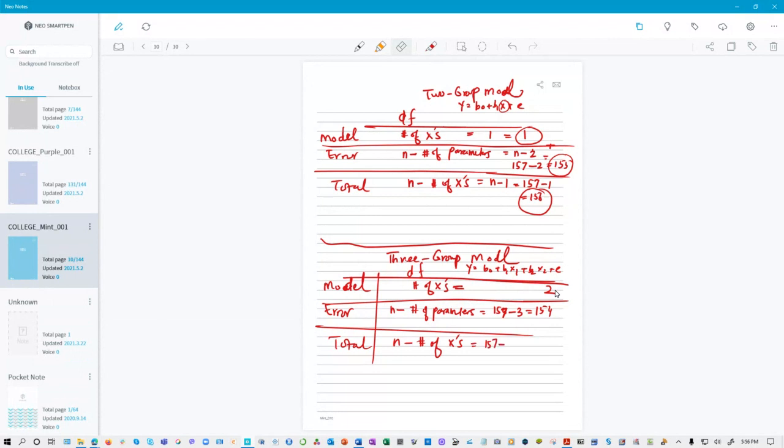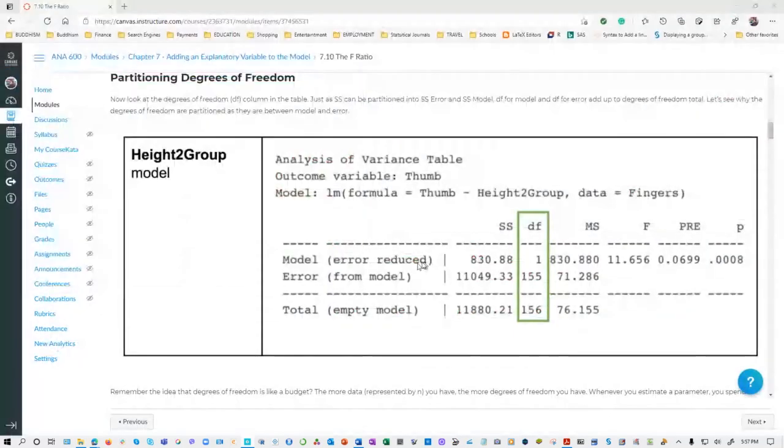N is 157, number of x is 2. Sorry, I need to recheck the numbers here, 155, 154.